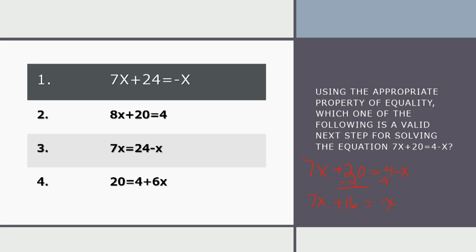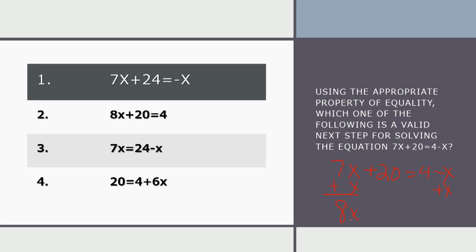Do I have anything that looks like that? I do not. So then let's look at a different way, making sure that we are looking at all possible ways of solving this. So what happens maybe if we put our variables together first? 7x plus 20 equals 4 minus x. Now let's add an x to both sides to get those variables together.